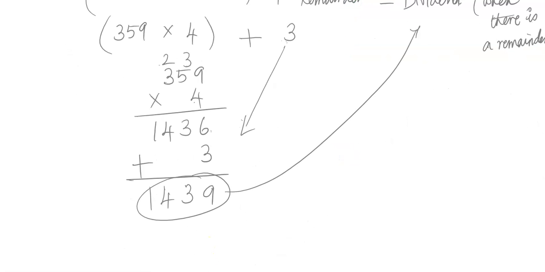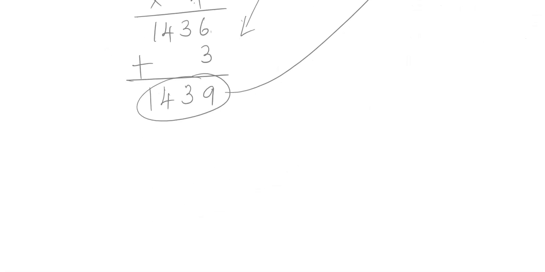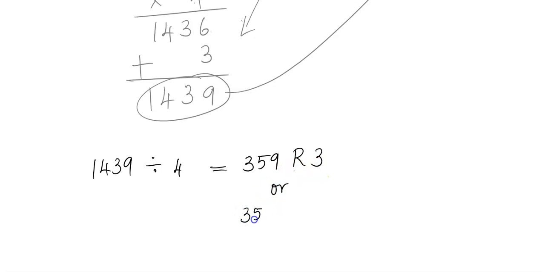So when you present the answer, what was the question? 1439 divided by 4 is equal to, and then when they write the answer, you can write it in one of two ways. You can say 359 R 3, to say remainder 3, or you can put it in words, with a remainder of 3.